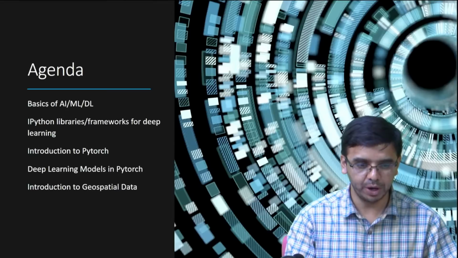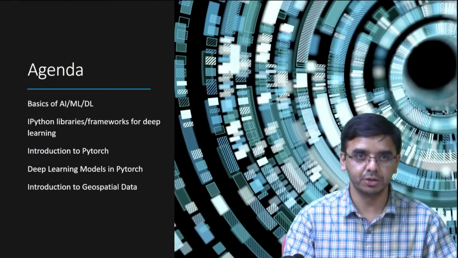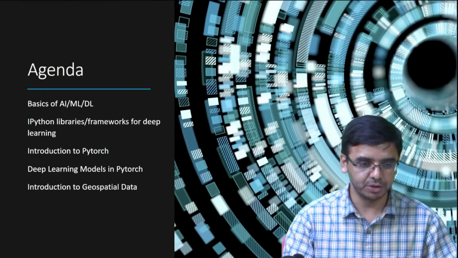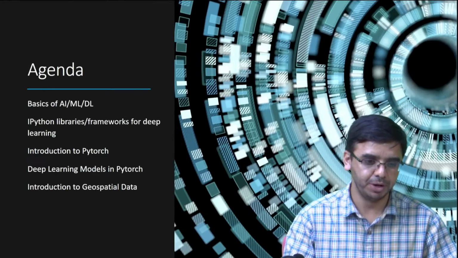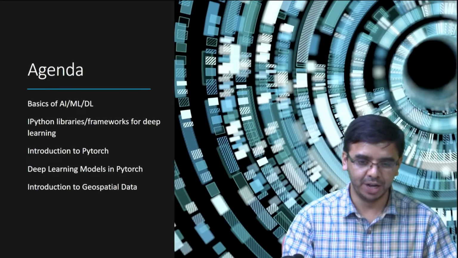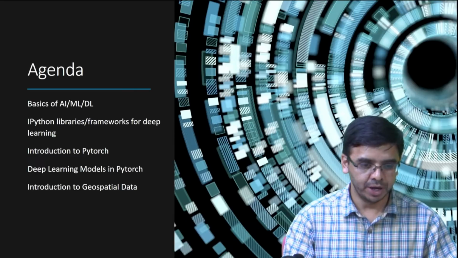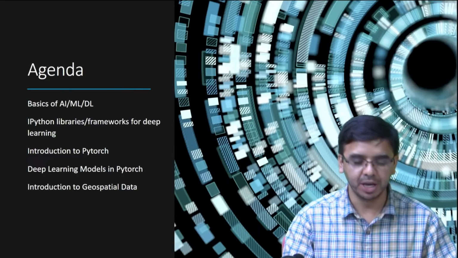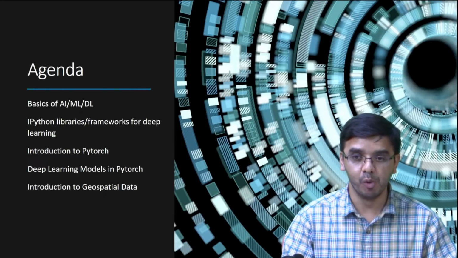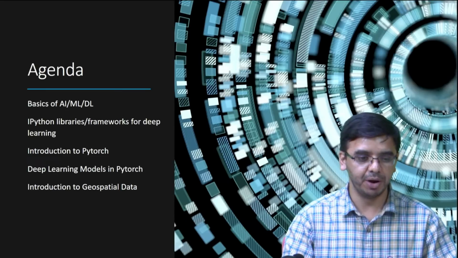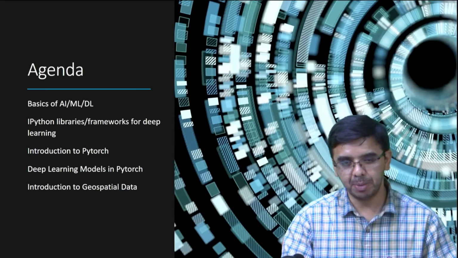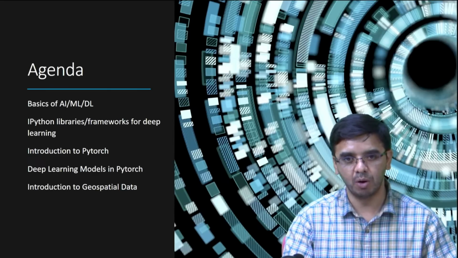So this is what I will be covering over the lecture. I will briefly touch upon AI, ML, and DL, which might overlap with some previous lectures. Then I will discuss some basic Python libraries or frameworks which people generally use for making these deep learning models. Then specifically we will use one of the frameworks called PyTorch.